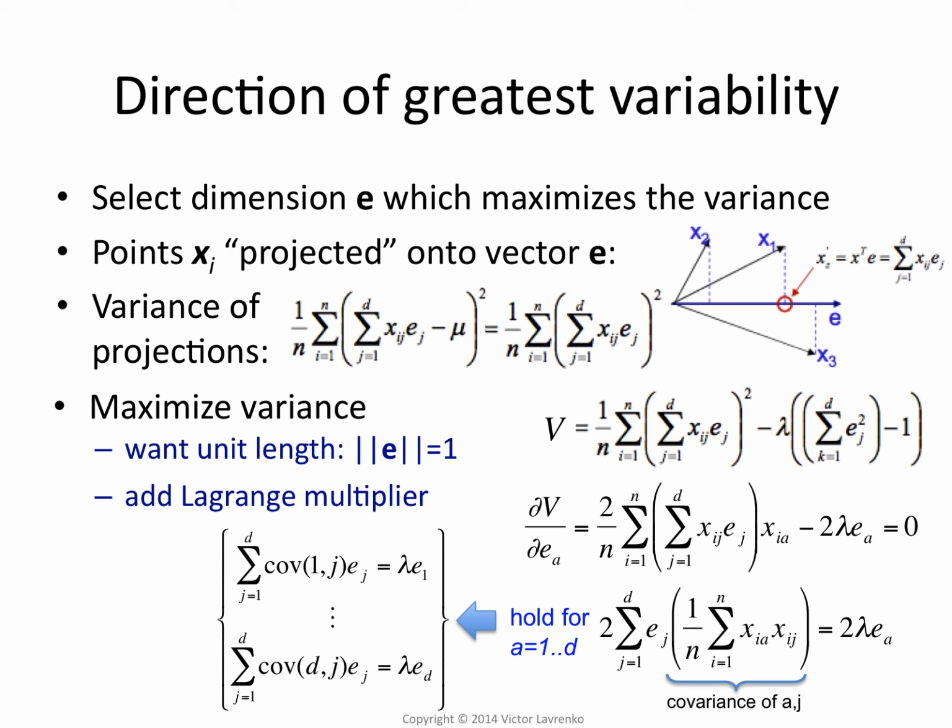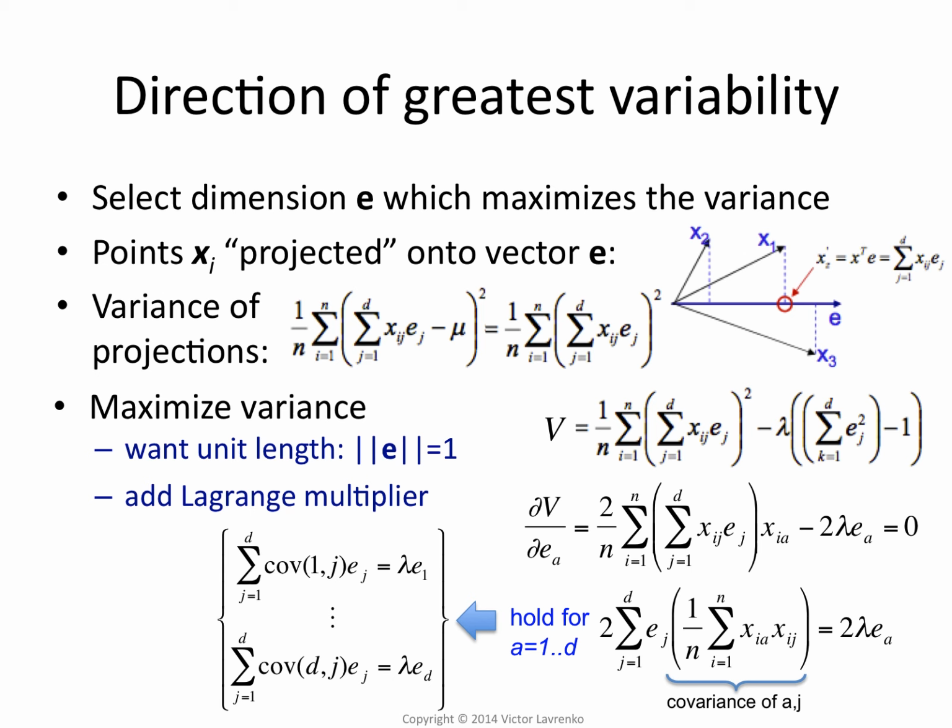I have the sum, J equals 1 to D, of the covariance of the first attribute with J times EJ, the jth element of my optimal vector E, and that's going to be lambda times E1, the first component of the vector E.